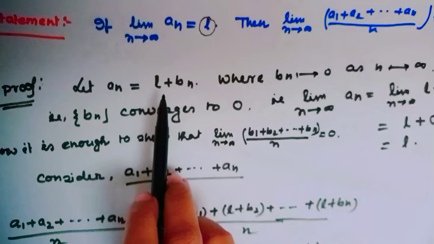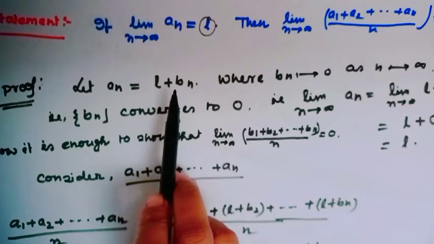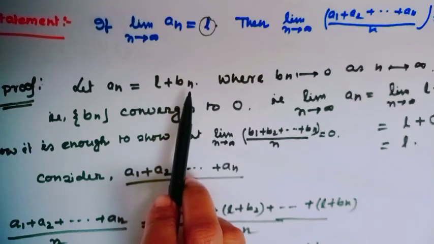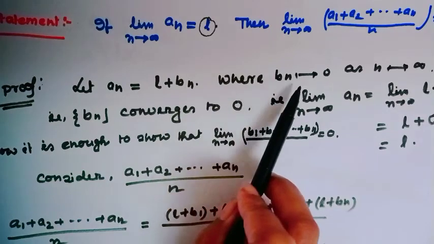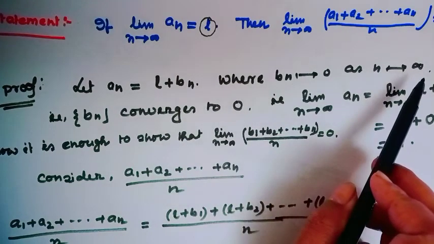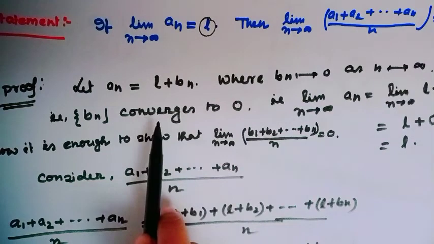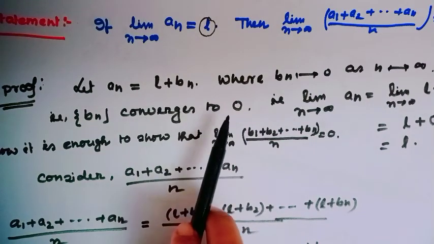Let us consider an equal to L plus Bn, where Bn tends to 0 as n tends to infinity. That means Bn converges to 0.